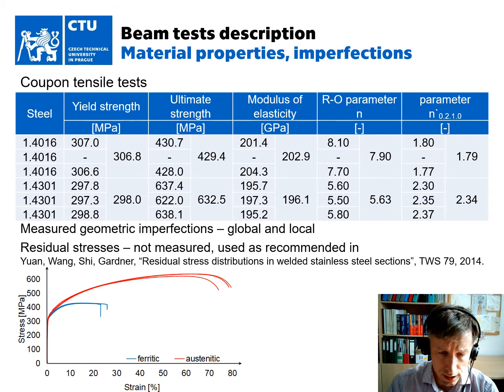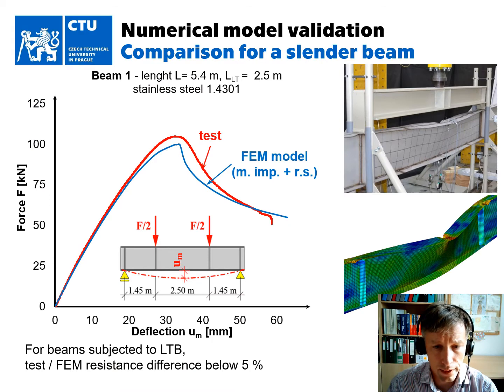Imperfections were measured, and residual stresses were used as recommended by Yuan, Wang, Shi, and Gardner for welded cross-sections. Here is the comparison between the test and finite element model.